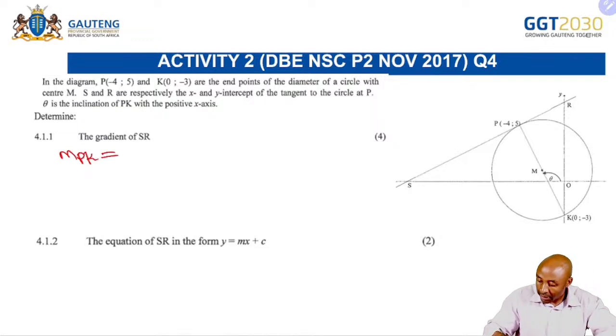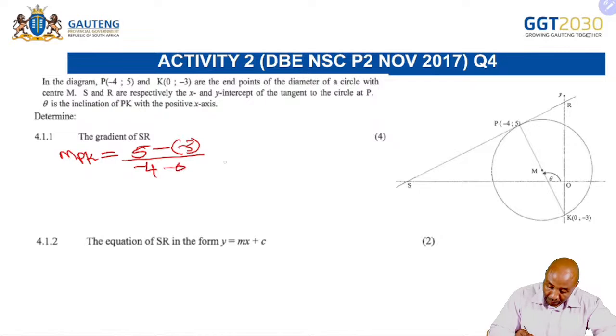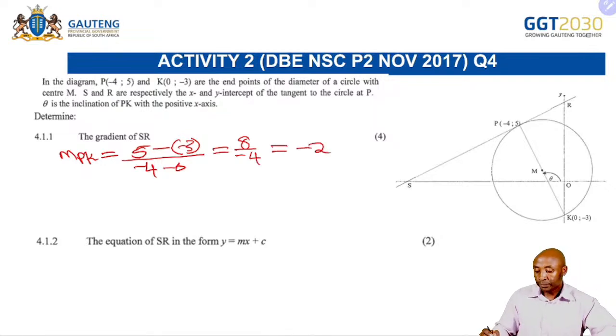Our y at P is 5, minus our y at K, which is -3, over our x at P, which is -4, minus our x at K, which is 0. That will give us 8 over -4, and we'll get our gradient at -2.